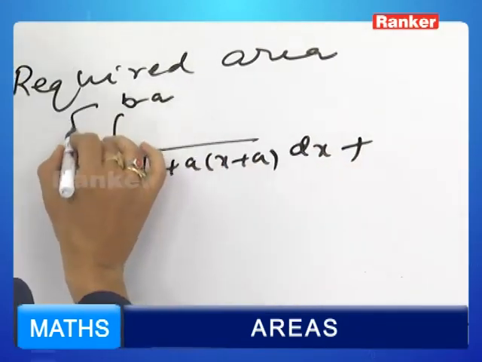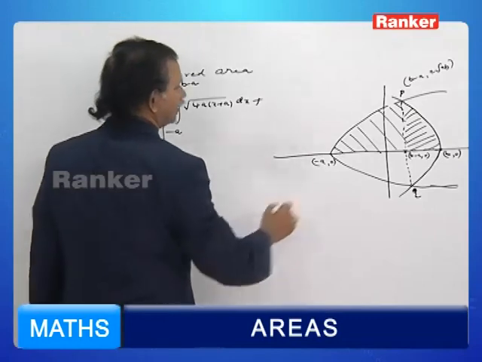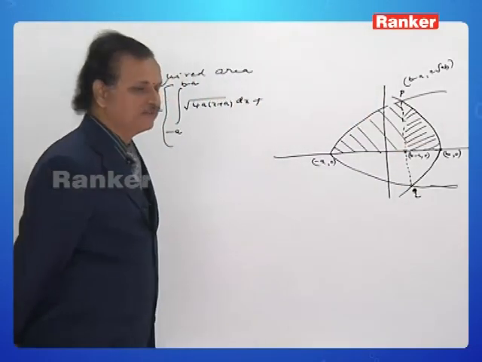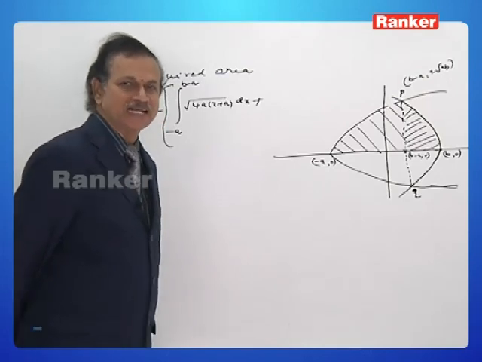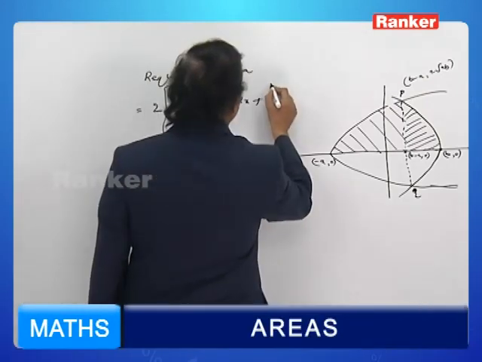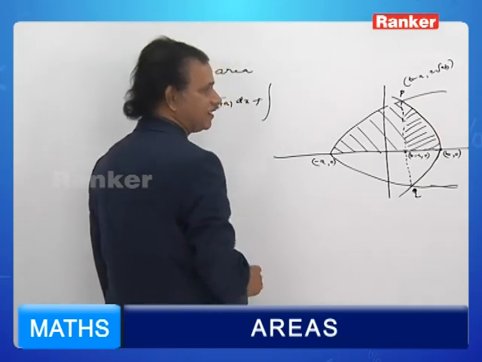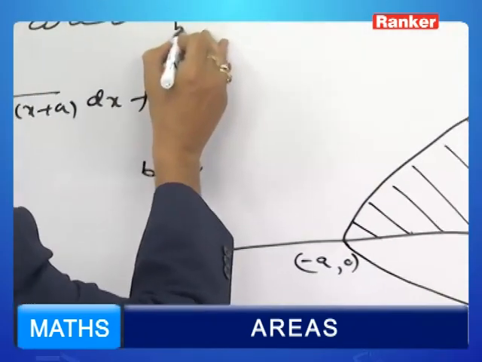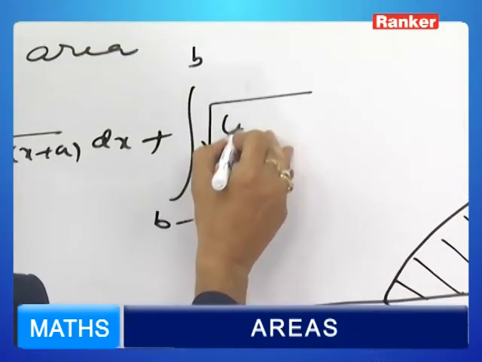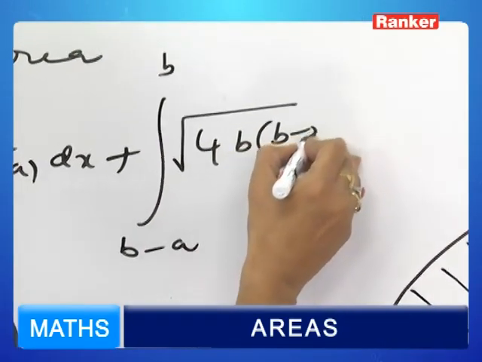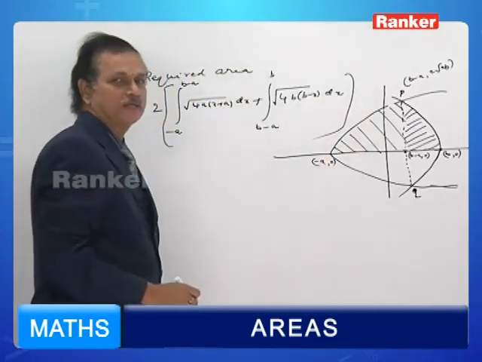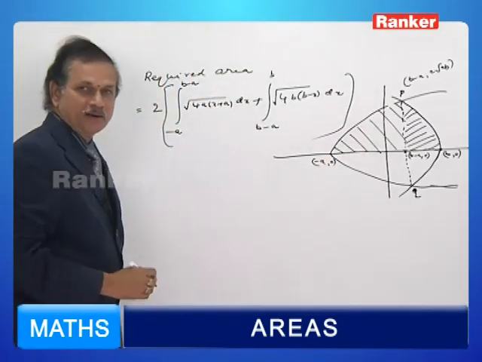plus this part. He has given that y square is equal to 4b into b minus x. So integral, what will be the limits for this integral? B minus a to b, root of 4b into b minus x dx. That is the required integral.